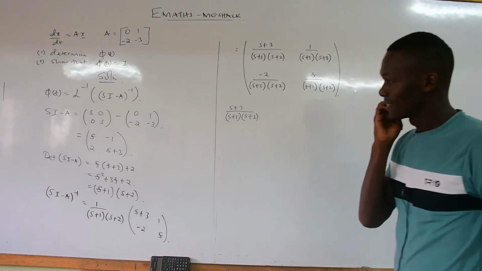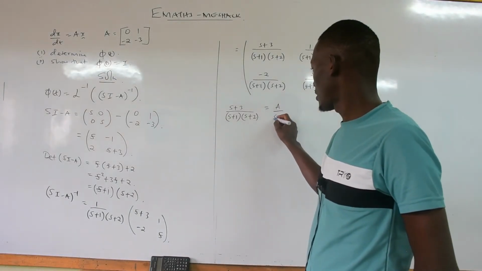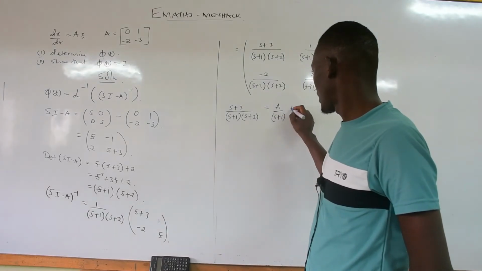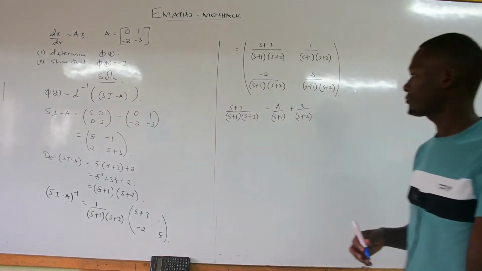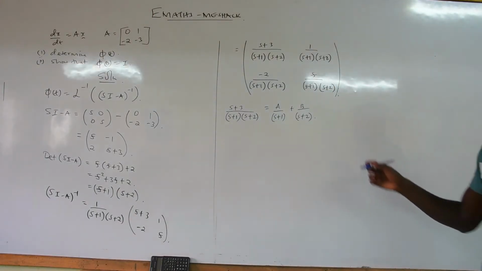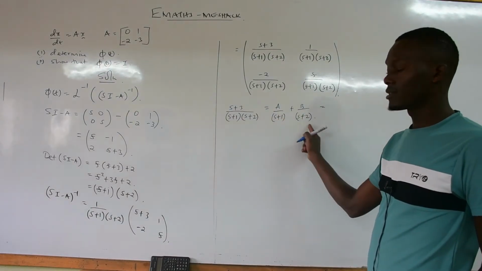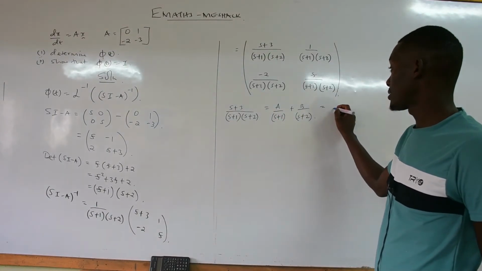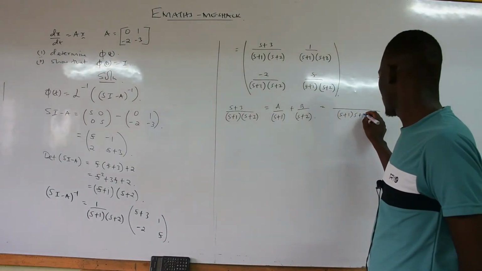So we are saying this one will be written as a over the first factor plus b over the second factor. Then again put this one in one fraction. What is the LCM of these two factors? It is just the multiple of the two, so s plus 1, s plus 2.